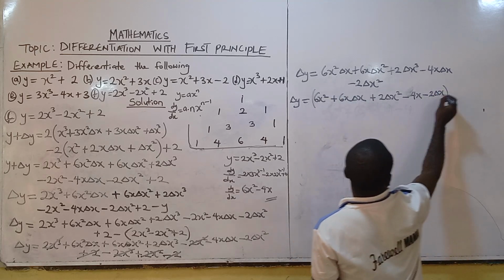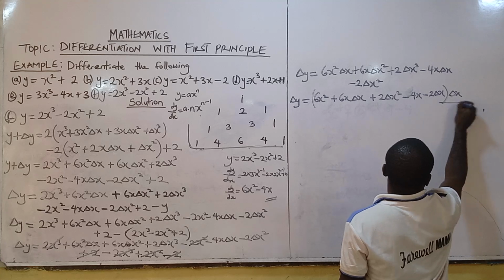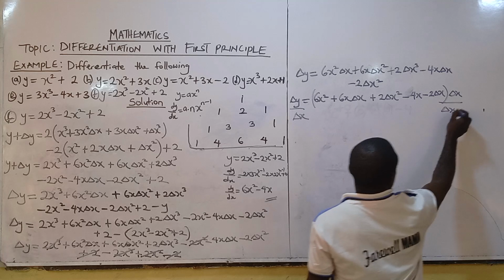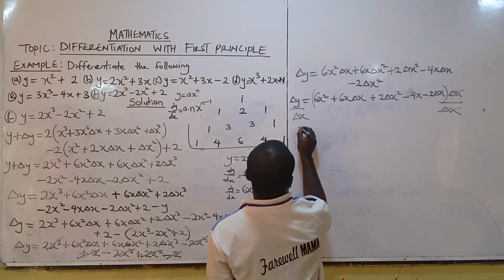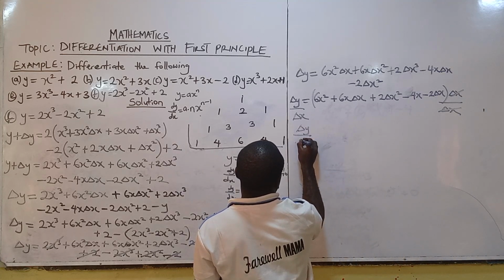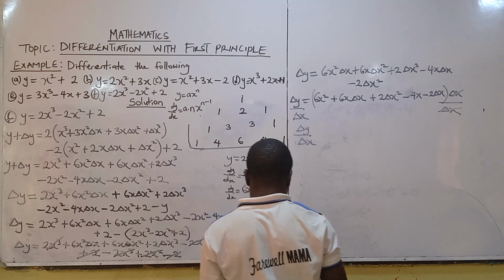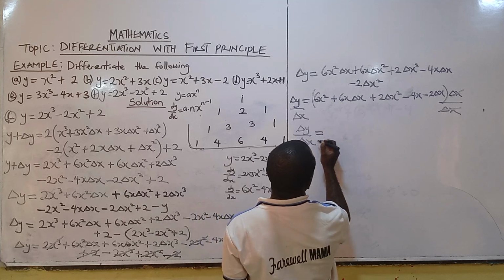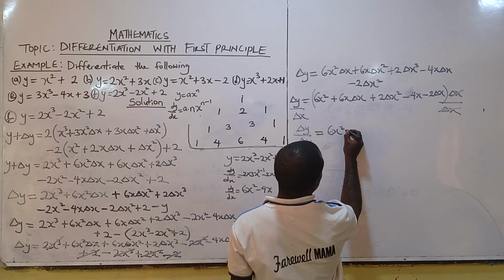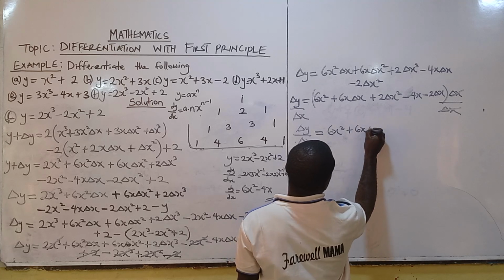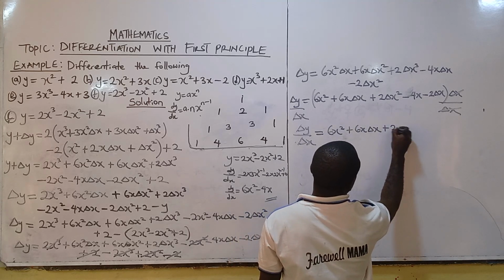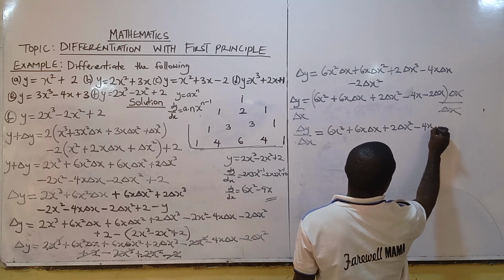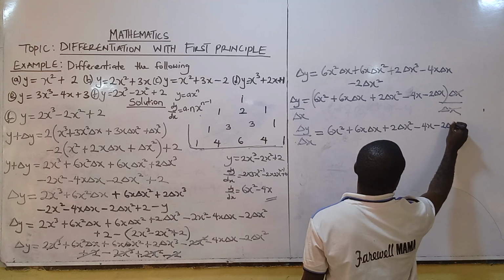Put the bracket and put dx. Divide both sides by dx. dx cancels dx. Carry dy over dx. dy over dx equals 6x squared plus 6x dx plus 2 dx squared minus 4x minus 2 dx.